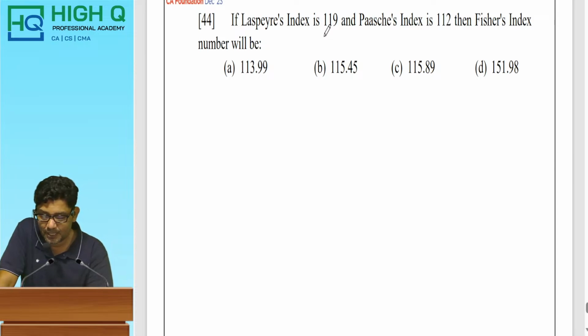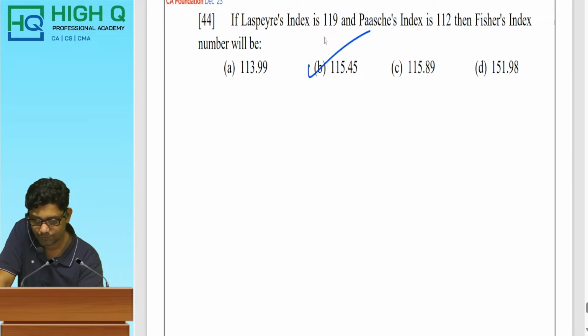If the Laspeyres index is 119, Paasche's is 112, Fisher's is 115 point, root of.